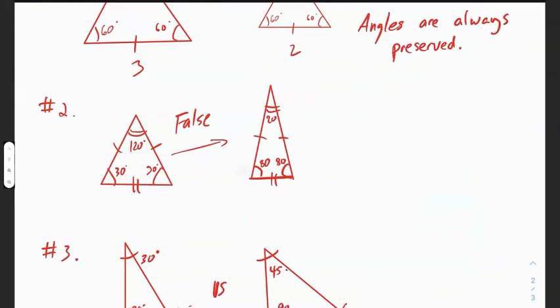All right. So notice, yes, they're both right triangles, but their angles aren't the same. So that's false. All right, their angles aren't preserved.